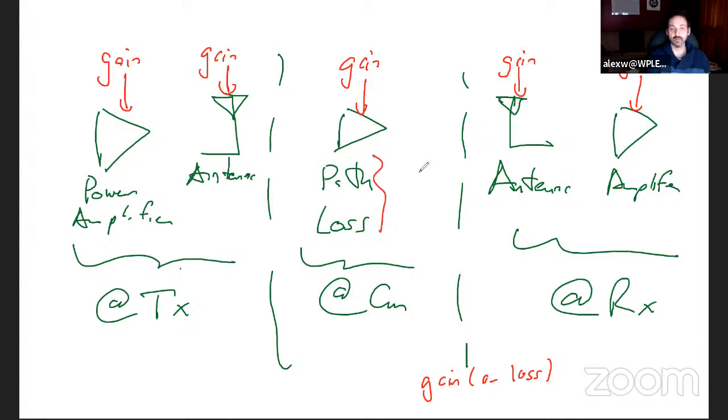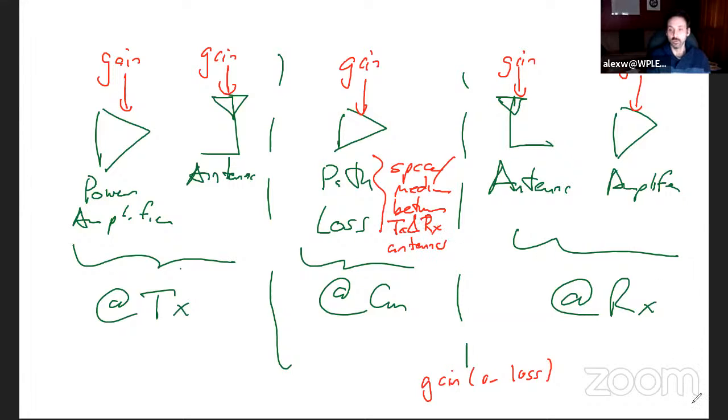Path loss is literally the space, the medium between TX and RX antennas. Very super important.